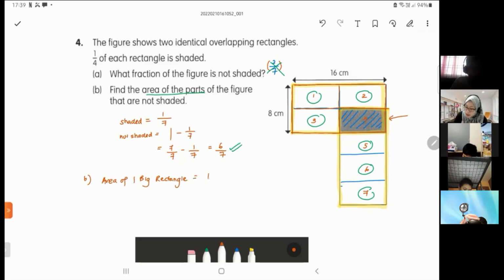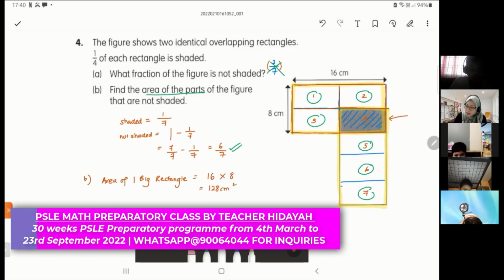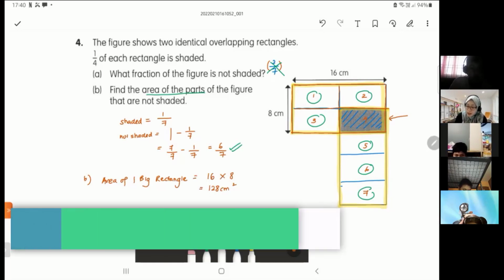Okay, so for part B, the area of one big rectangle equals 16 times 8. And I will get 128 centimeters squared. Do I want the big rectangle? No. Now let's take the 128, the big rectangle, divided by the 4 equal parts, right?